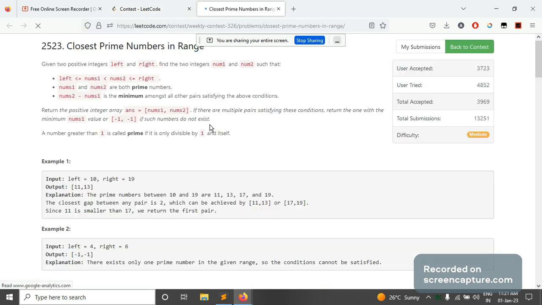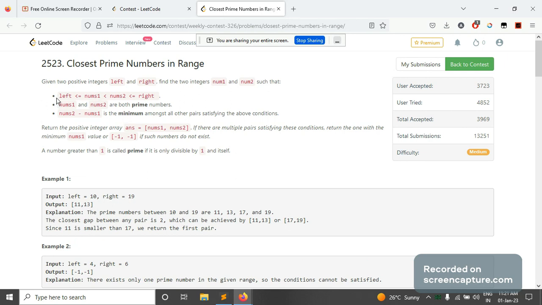This is very basic, not really a medium, you can say an easy medium, not a proper medium. We are given two endpoints, left and right, and we have to find two integers, nums1 and nums2, which exist between these two numbers. Both have to be prime numbers, and nums2 minus nums1 should be the minimum value.